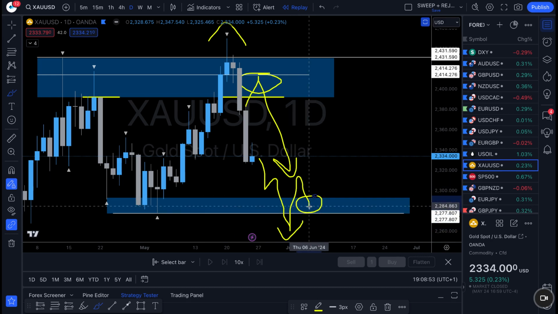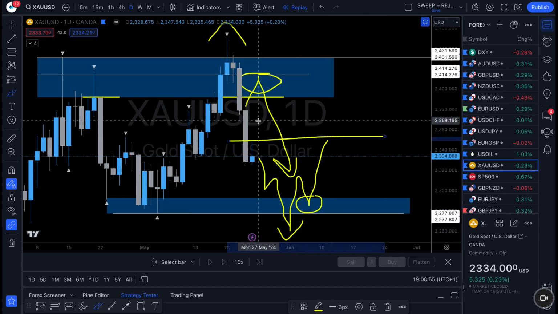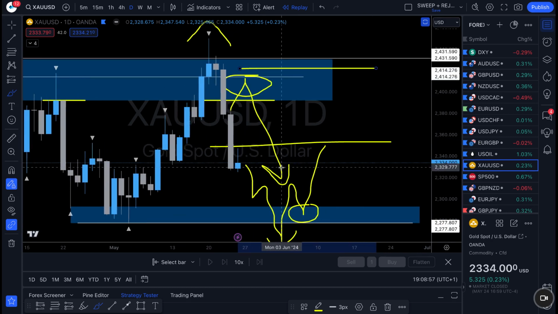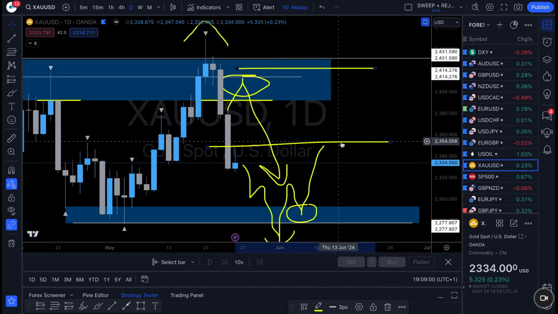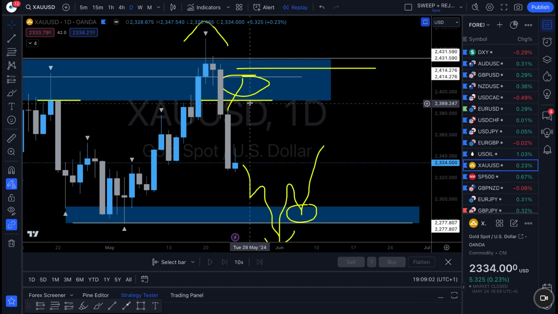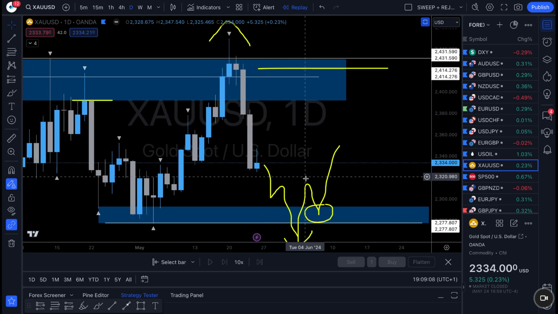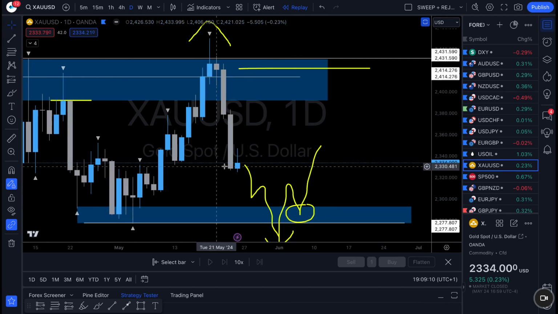Then we can look for entries off this level. First target will be mid-range back up, and then you're going to be targeting that back up to the highs. So we missed the short. Okay, this trade's played out. We got the sell-off that we were anticipating. Unfortunately, didn't get filled. Now our next option is to look for longs.